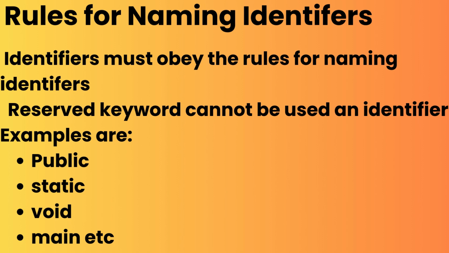There are predefined reserved keywords in Java that will not be used as names for identifiers. Examples for the reserved keywords are public, static, void, main, etc. There are predefined keywords in Java that we'll be discussing in the next videos.